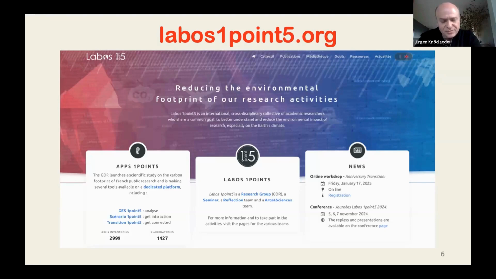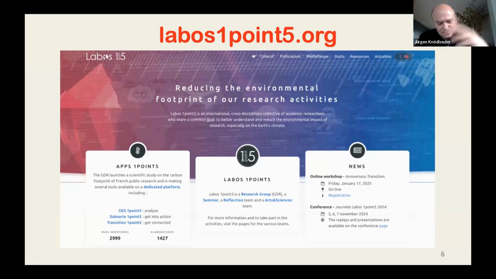And they developed a number of tools. For example, one very impressive is a carbon footprint estimation tool so that all labs can estimate their carbon footprints. And the interesting thing here is that if you have one tool and everybody uses it, you can do research, you can make comparisons and so on. And you see the numbers here, there are now basically 3,000 carbon footprint estimates in this tool, made by a little bit more than 1,400 labs.